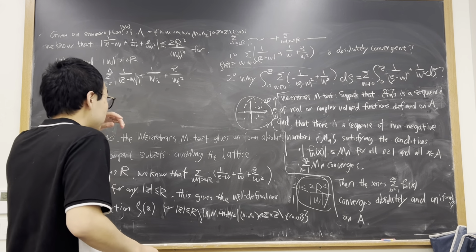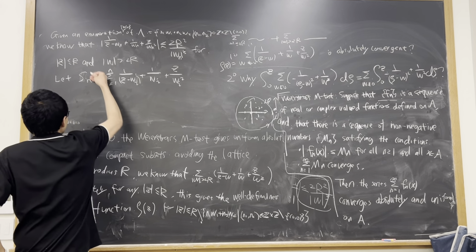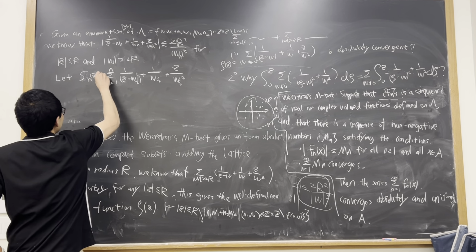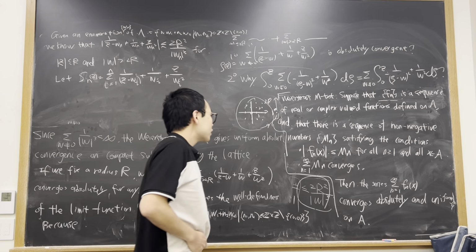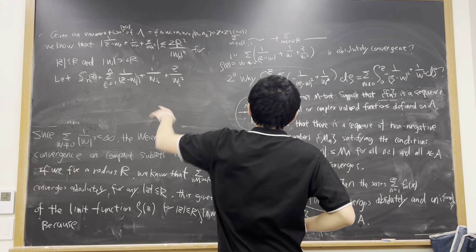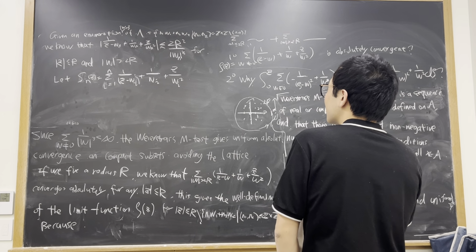So this is the partial sums. It should be in terms of z, right? So this is a sequence of functions.